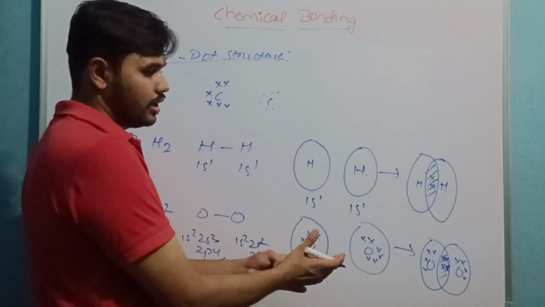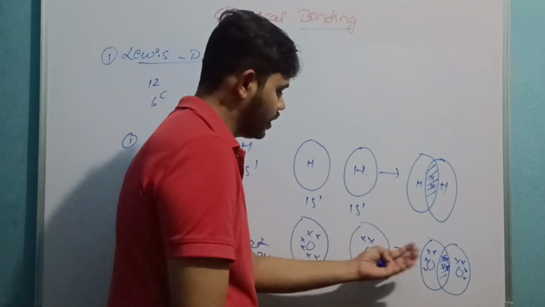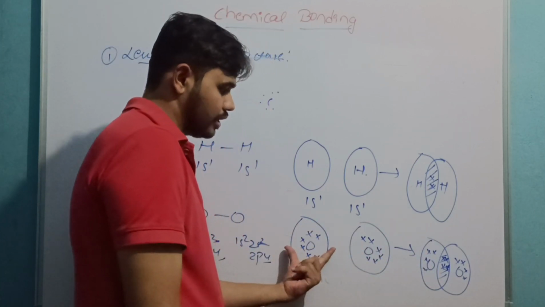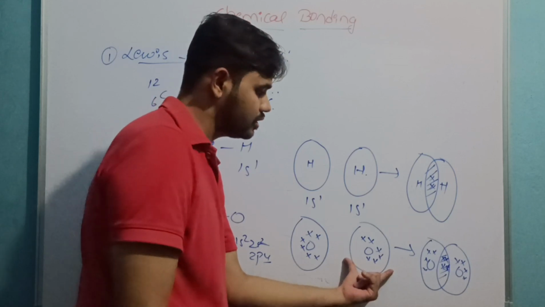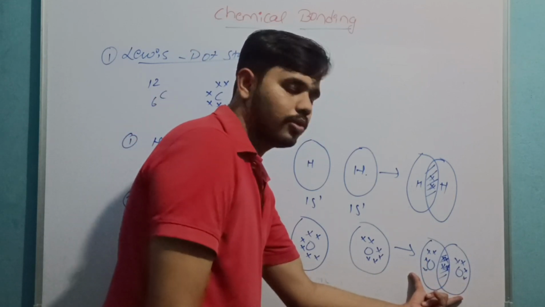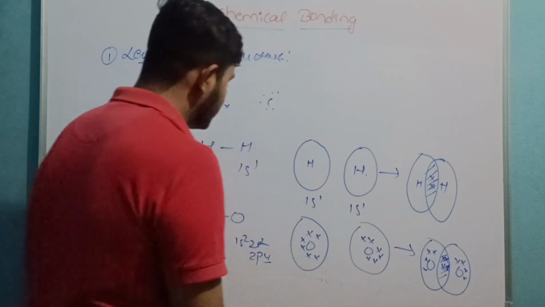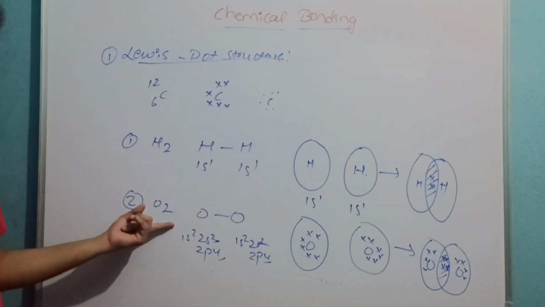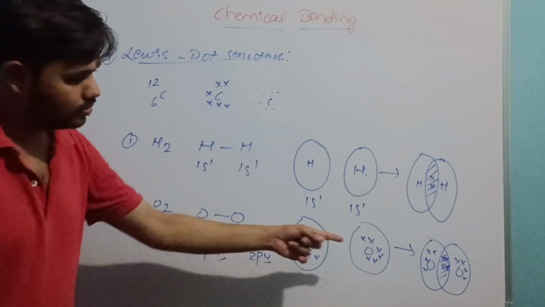This oxygen donates 2 electrons to form a double bond, and the other oxygen also donates 2 electrons, forming a double bond with a pi bond. This is how the Lewis dot structure of the oxygen molecule is formed.